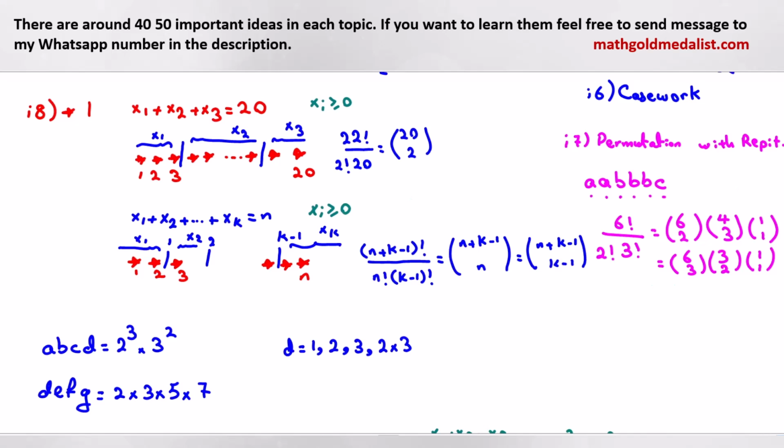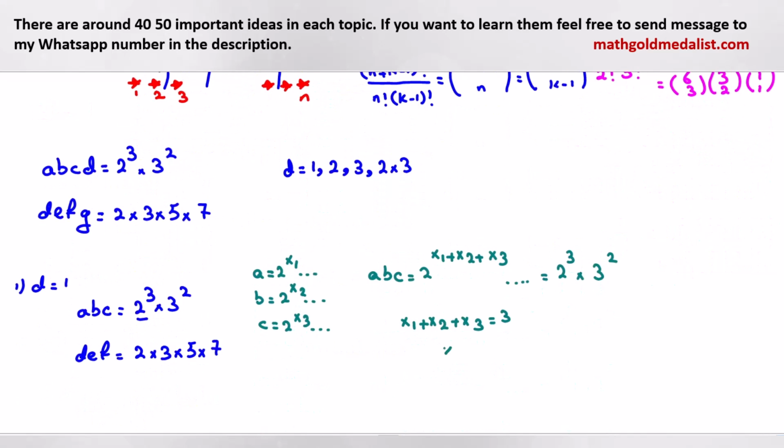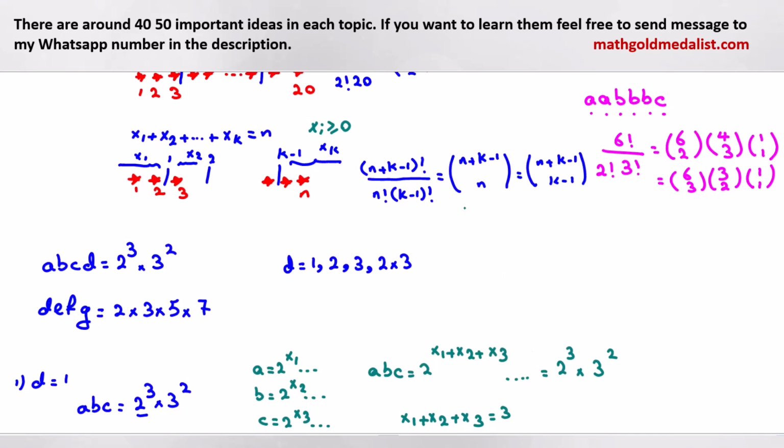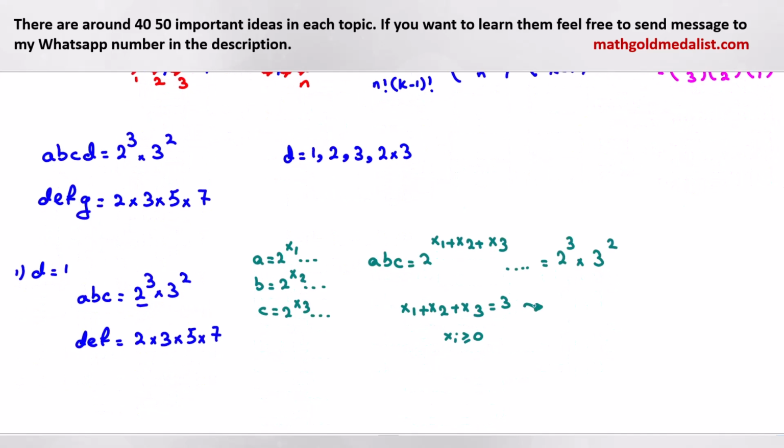So here the xi are at least 0. If we use our formulas, again we have 3 stars and 2 dividers, and we can use the formula n plus k minus 1: 3 plus 3 minus 1, choose 3 or choose 2, which is 5 choose 3 or 5 choose 2.